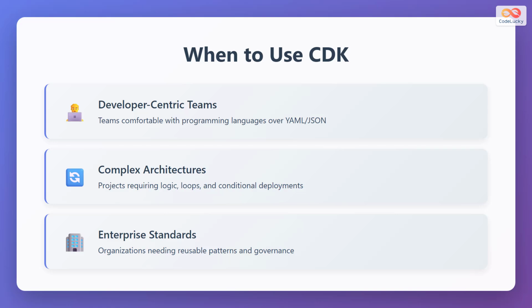Finally, enterprise organizations needing reusable patterns and governance benefit greatly from CDK's ability to create standardized, tested components that can be shared across teams. If any of these scenarios describe your situation, AWS CDK could be the perfect tool for managing your cloud infrastructure.